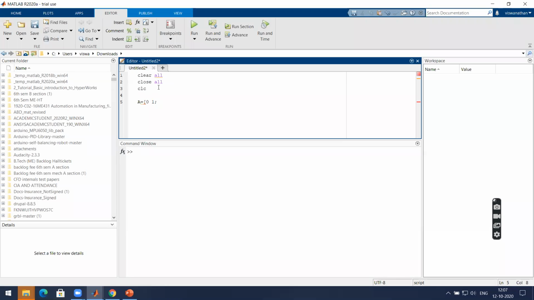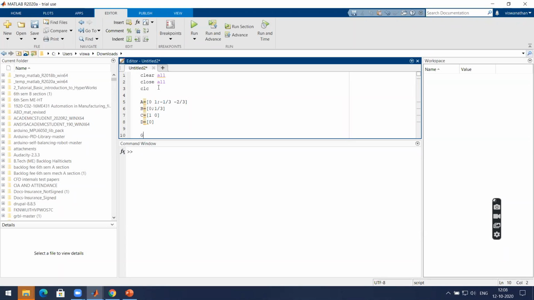The next row it is minus 1 by 3, minus 2 by 3. B is 0 and then 1 by 3. C is 1, 0. Are you able to see the MATLAB screen? Yes, sir. Okay. D is 0.